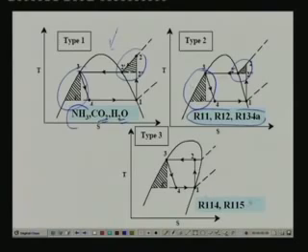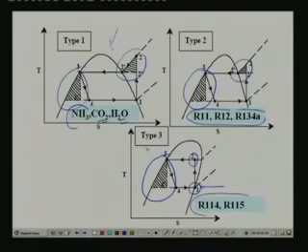Type 3 refrigerants, high molecular weight refrigerants such as R114 and R115, have a peculiar vapor dome, and here there is no superheat horn at all, because the slope of the saturated vapor curve is such that when you start compression with a saturated vapor, the exit of the compression lies in the two phase region. So the superheat loss is non-existent for this type of refrigerant, whereas the loss due to throttling is quite considerable.